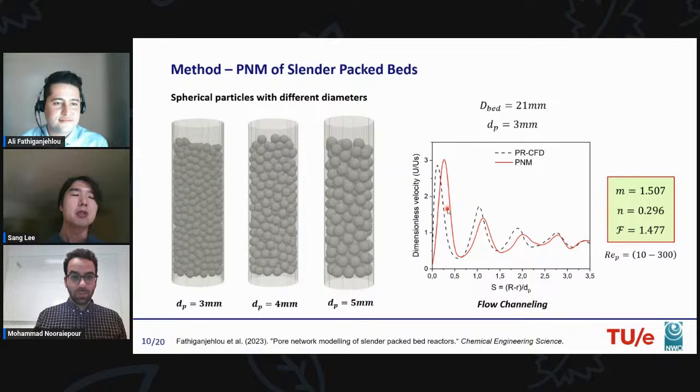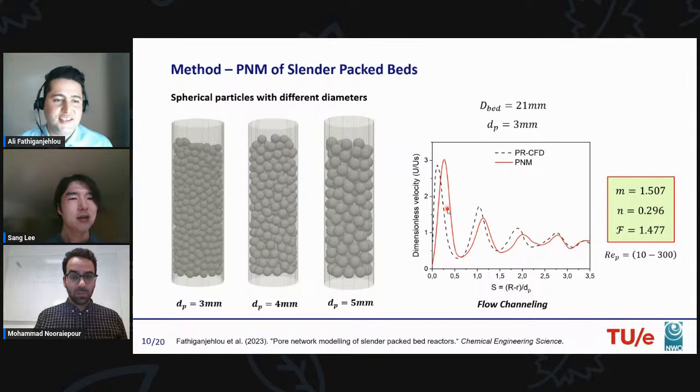So is the reason for the higher velocity near the column wall that the porosity is higher there? Or is it an artifact of the system size, which can be a little smaller? I'm not sure of the real size of the packed bed columns, but what's your opinion about that?